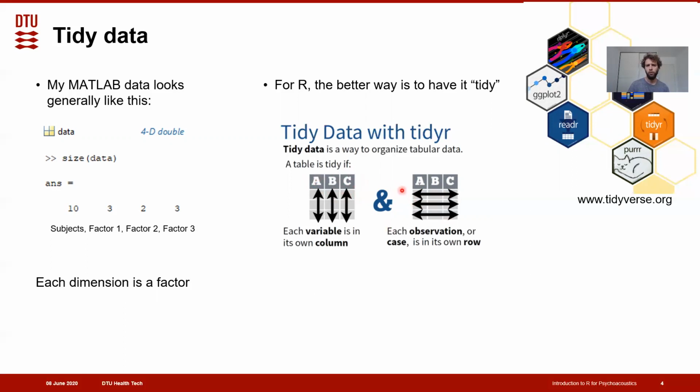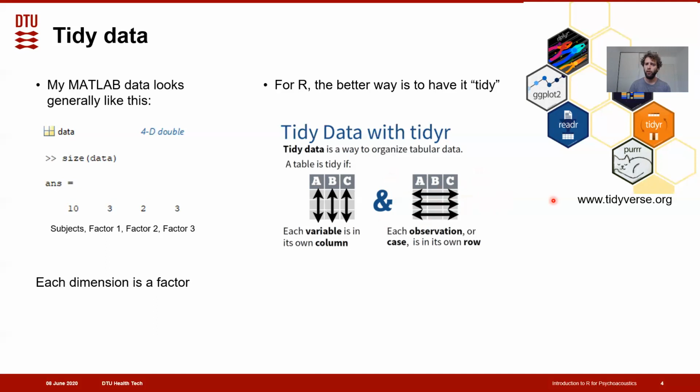And each data point is then in one of these rows. So for example, if you measure speech intelligibility, the first point is then in E here, so the 5th row is the speech intelligibility data of the first subject for the first level of the first factor, and so on and so on.